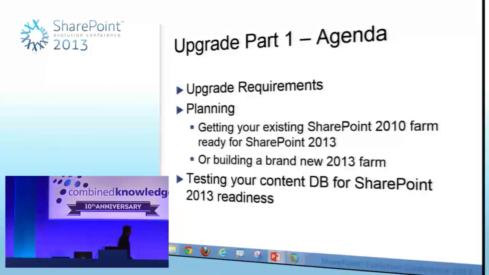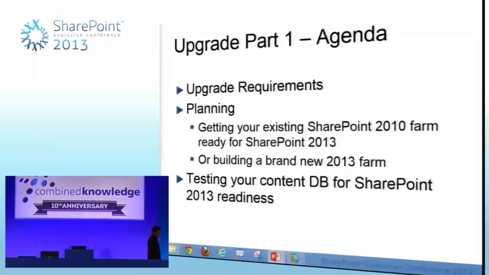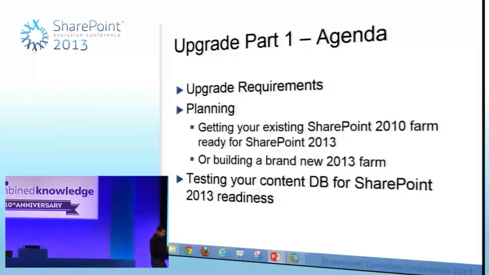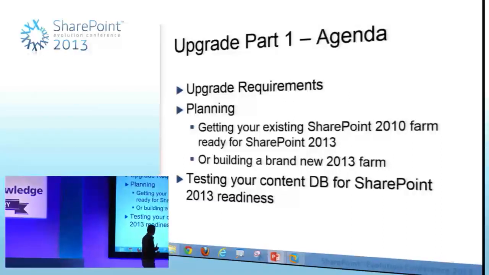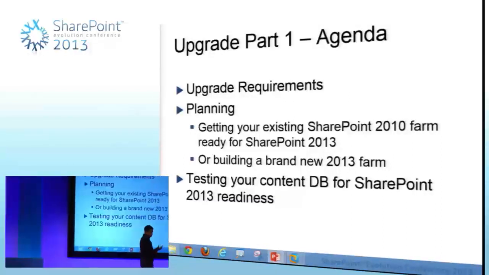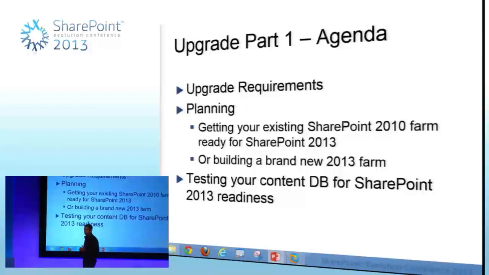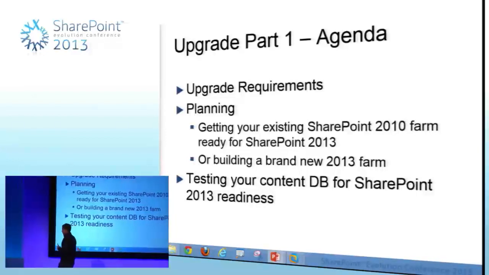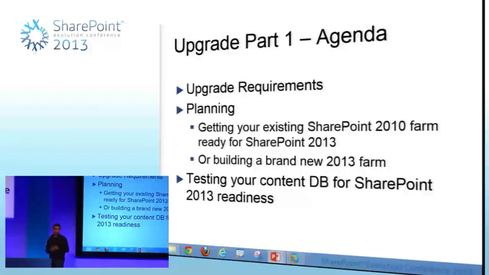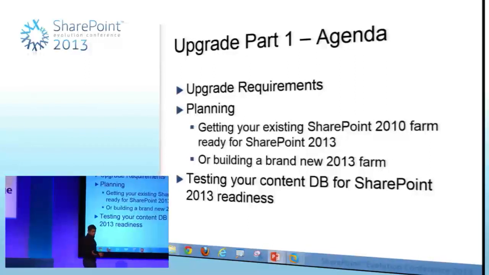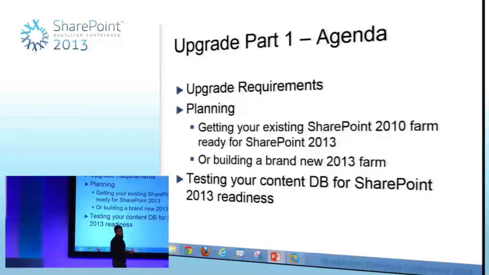So part one is about understanding requirements for upgrade, where you're at, what you need to do, what the key planning steps are that you need to think about for your upgrade. And then I'm going to show how to test a content database for upgrade readiness.